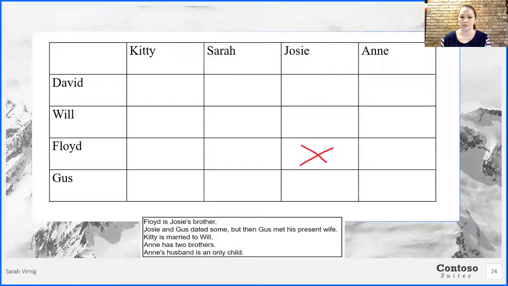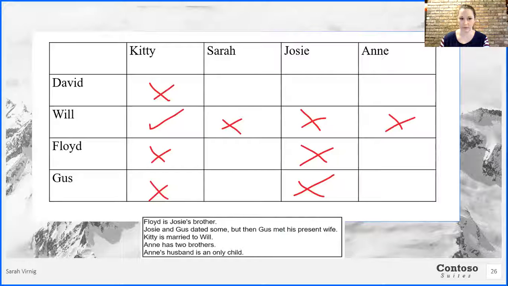We know that Josie and Gus dated some, but then Gus met his present wife, so we know Josie and Gus are not married. We know Kitty is married to Will. So by that, we can mark that Kitty and Will are married, which means nobody else can be married to Will, and that Kitty is not married to anyone else. So that eliminates those possibilities.